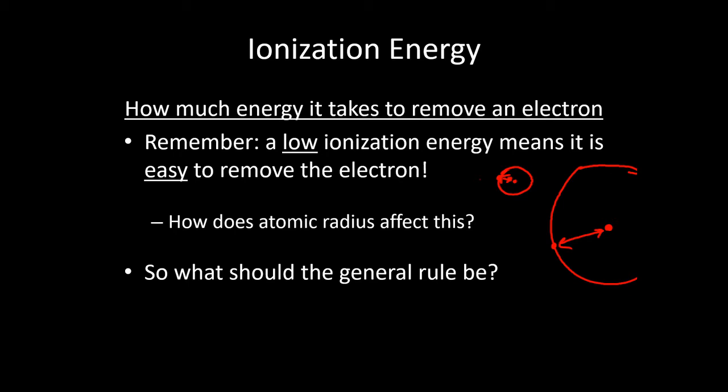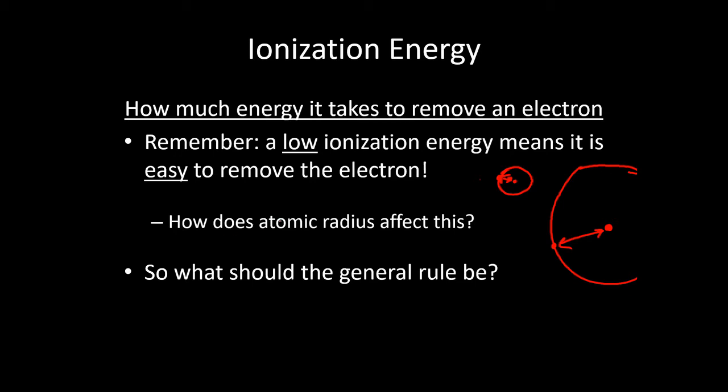You're going to have to really pull to separate those. Versus if you have multiple textbooks in between the two magnets, well, they're farther apart. It's not going to take as much pull to remove one of them from the other. So the bigger the element, the easier it is to pull the electrons away.